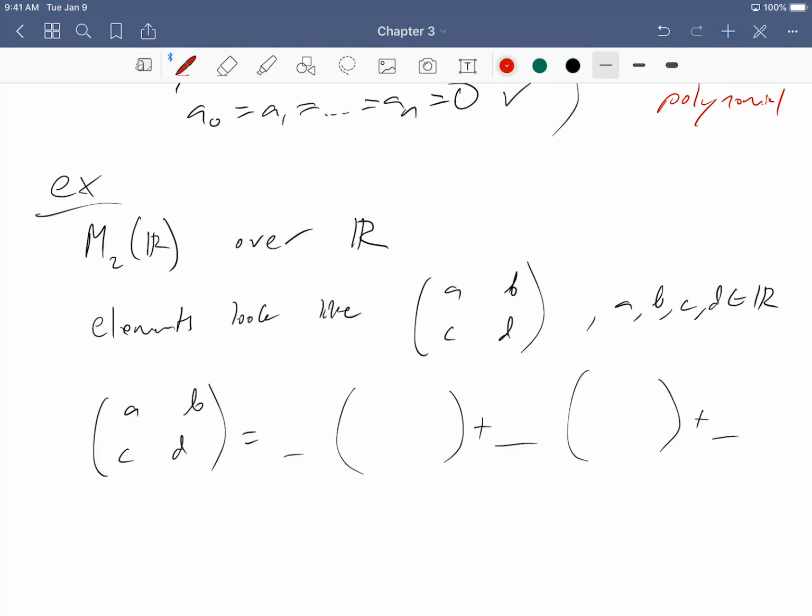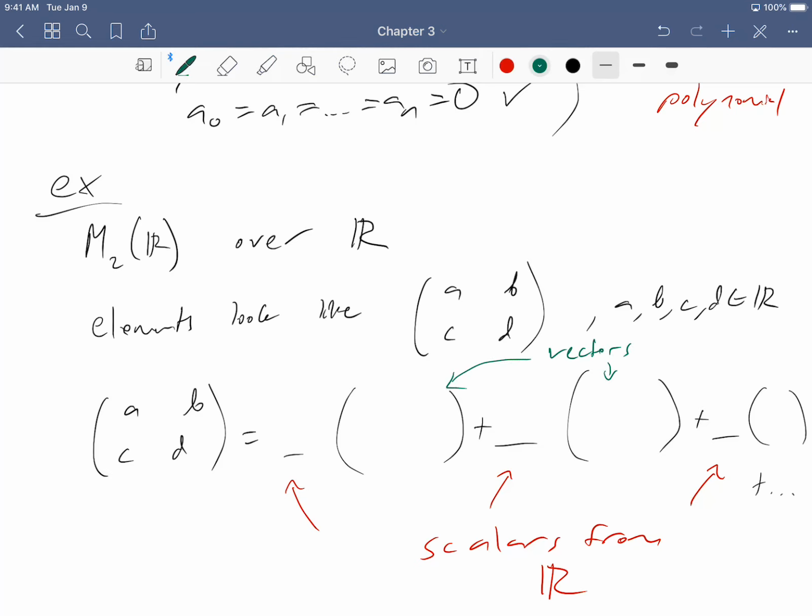And again, the goal here is these are my scalars, which means they're from R. And then I want to put a dot, dot, dot there at the end. These are vectors, and they're the 2 by 2 matrices.